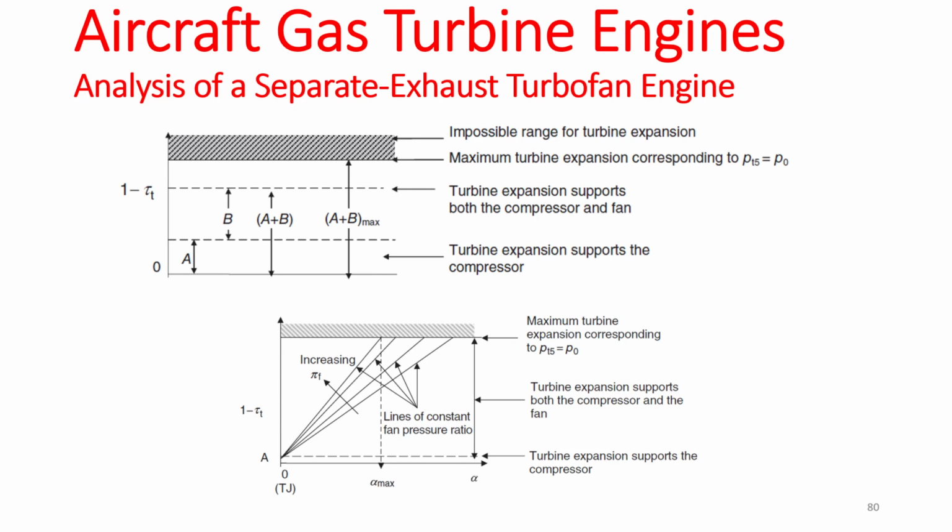What is that going to mean? For a specific fan pressure ratio, you cannot go further than a maximum bypass, right? There will be a maximum you can get for a specific fan pressure ratio. Does that make sense? And as you increase that fan pressure ratio, your bypass ratio is going to become smaller and smaller.